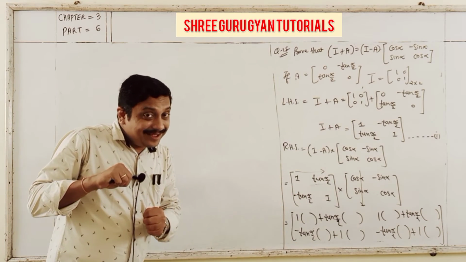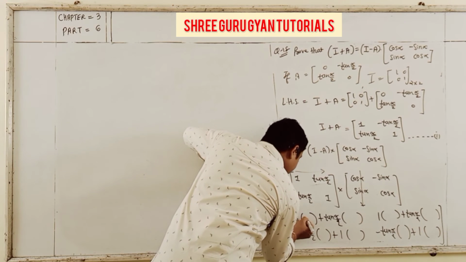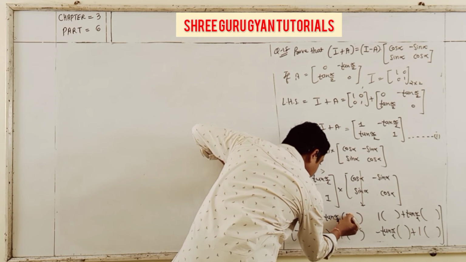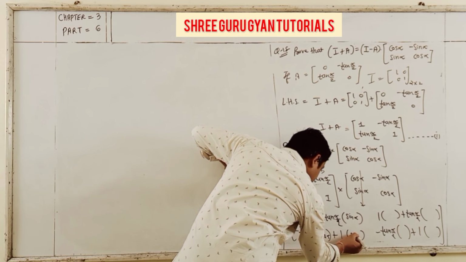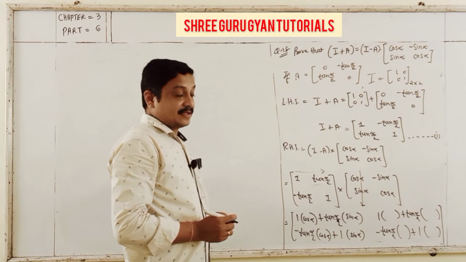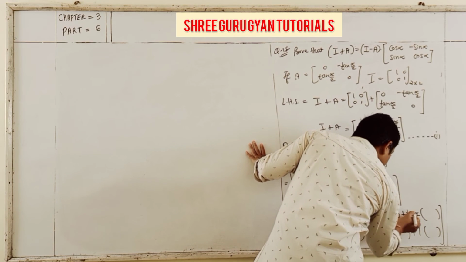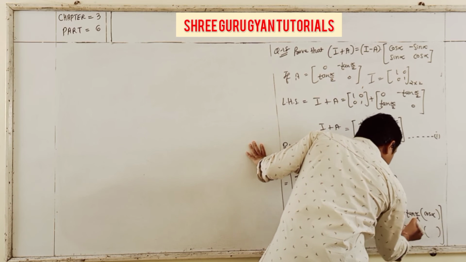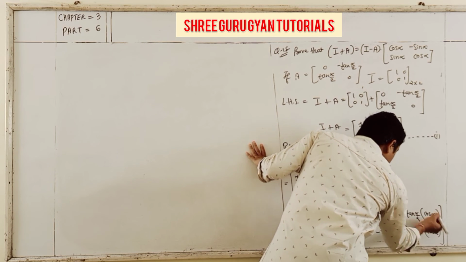And putting your first column again: cos alpha sin alpha, cos alpha sin alpha. Same column: minus sin alpha cos alpha, minus sin alpha cos alpha.